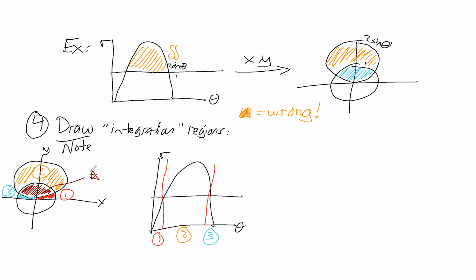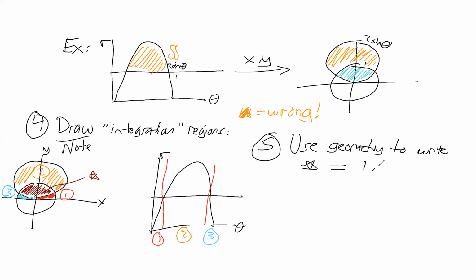So now the 5th step is to use geometry to write star, what we want, in terms of 1, 2, and 3. And so what we're doing is now we're splitting regions up.